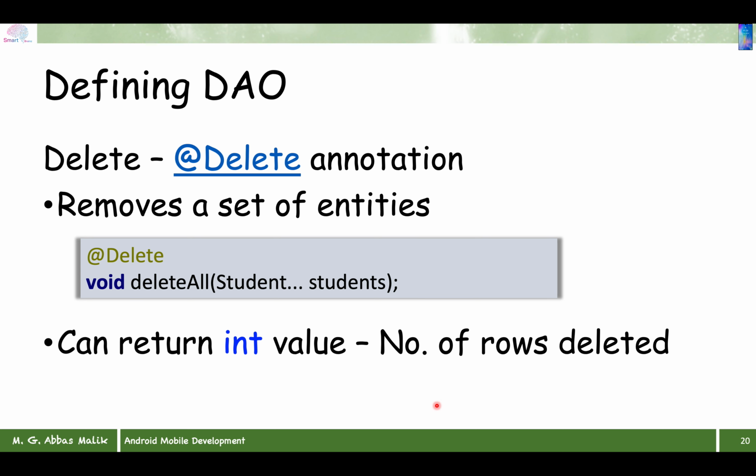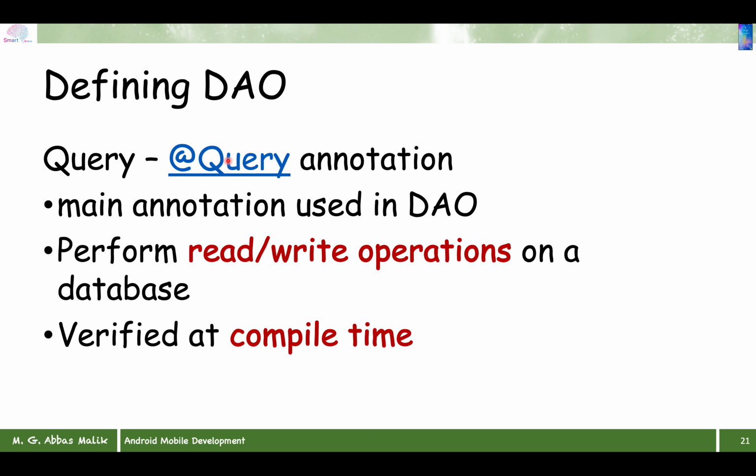You can see these annotations, details, and documentation on the web, and you will find more information there. Again, we also have the @Query annotation, the main annotation used in the DAO. This is for accessing the data, reading the data, performing read and write operations on the database. So @Query is the only place where we need to write some queries.